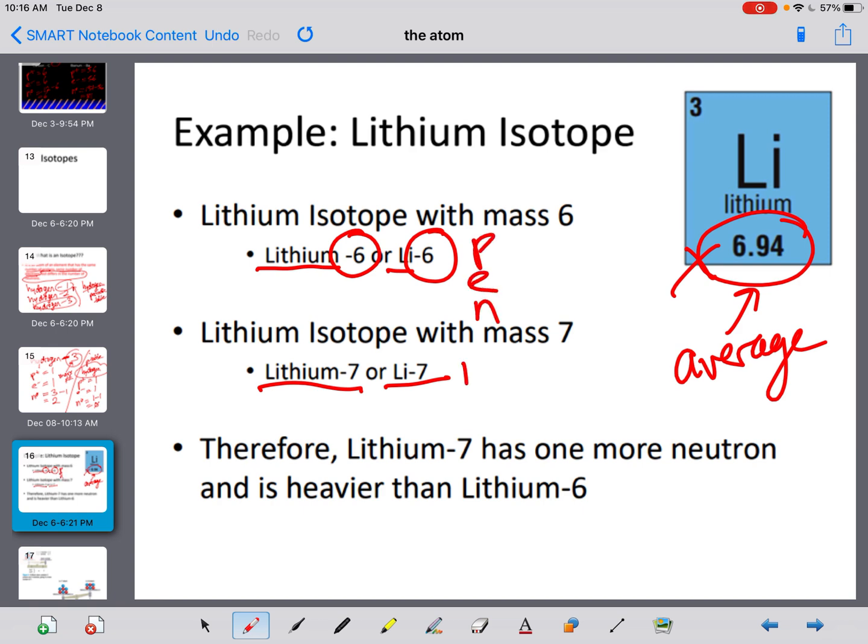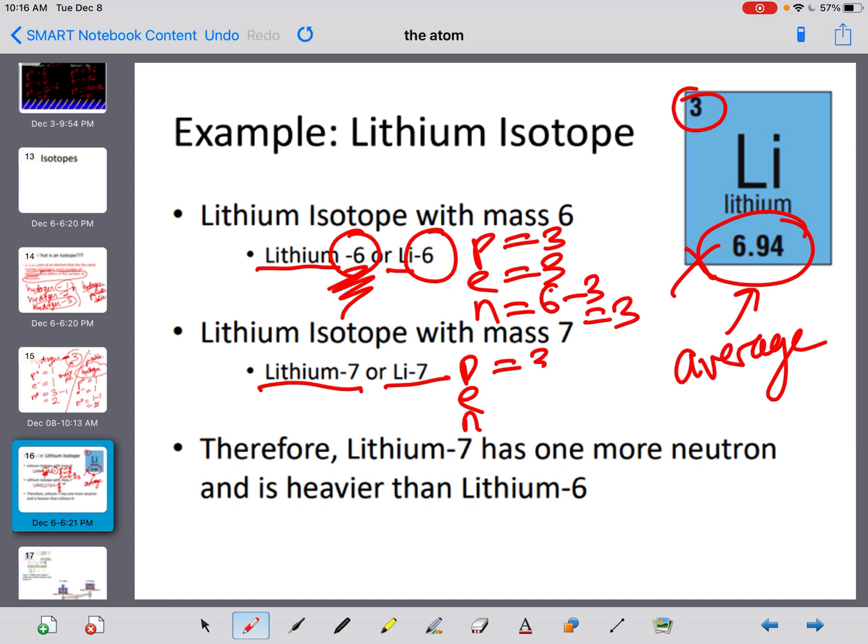So let's do these quickly here. The P is 3, which means electrons is 3. The neutrons here would be 6 minus 3, which is 3. Remember, you're using this number. And then for the mass of 7, this would be 3 and 3. That doesn't change. But now this would be 7 minus 3, which would be 4.